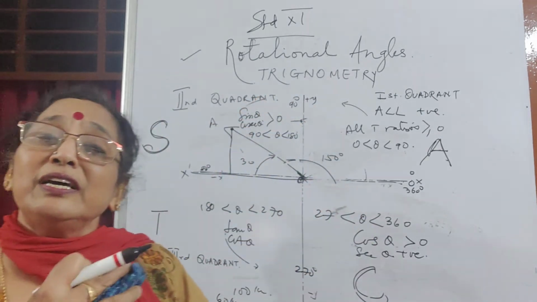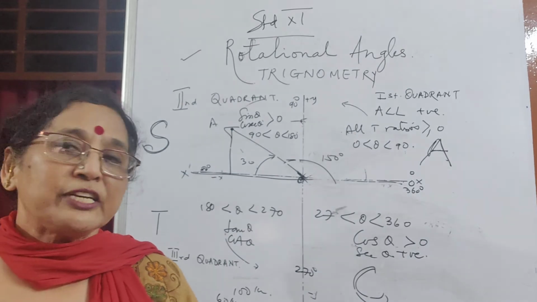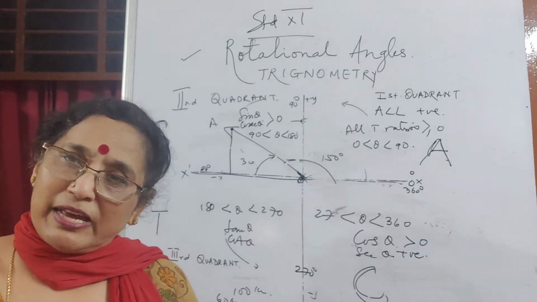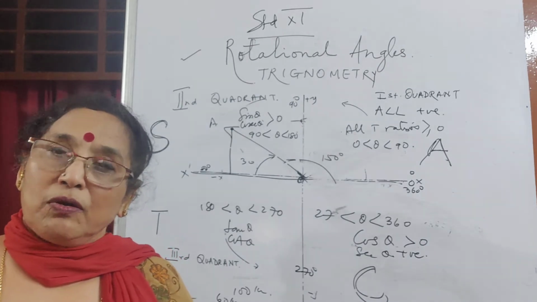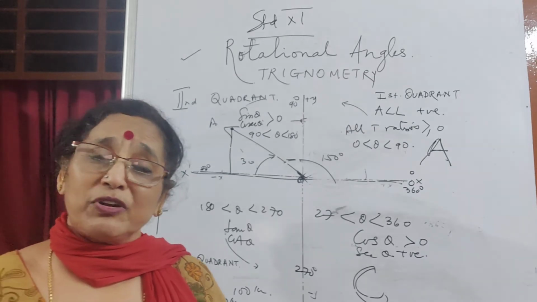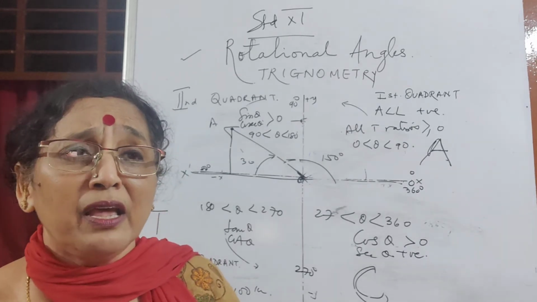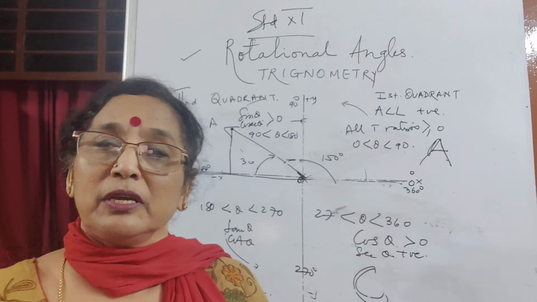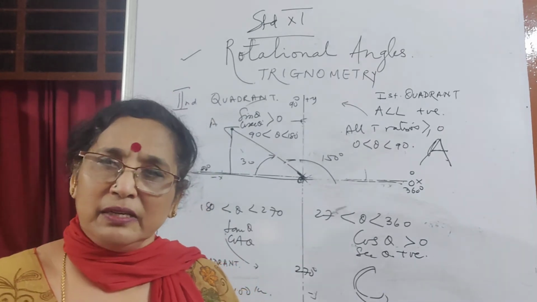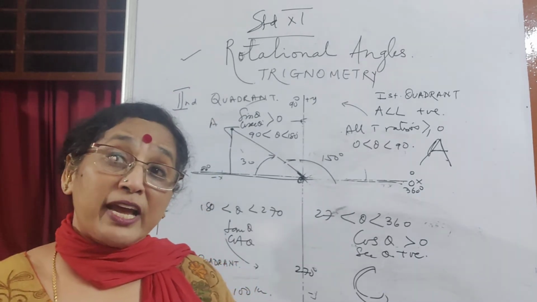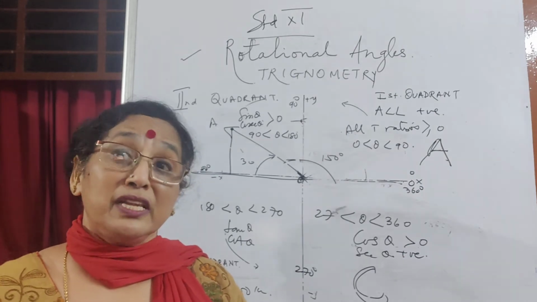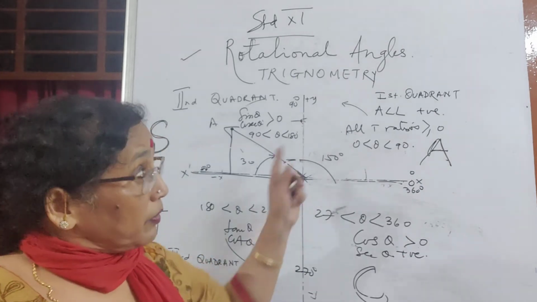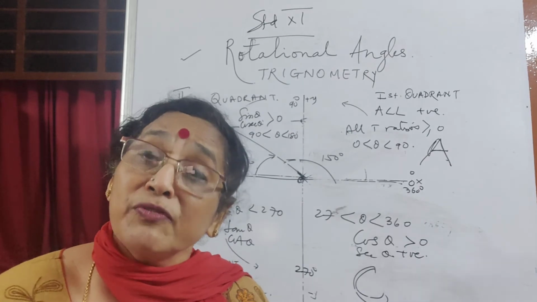Now I'm going to go to the third part. First I taught you positive, negative meaning of angles. Okay, then rotational angles. What is 360, 720? There's no meaning to an angle which is more than 360. So we break it up. Still, you saw that even angles which are greater than 90 can also be expressed in terms of acute angles.